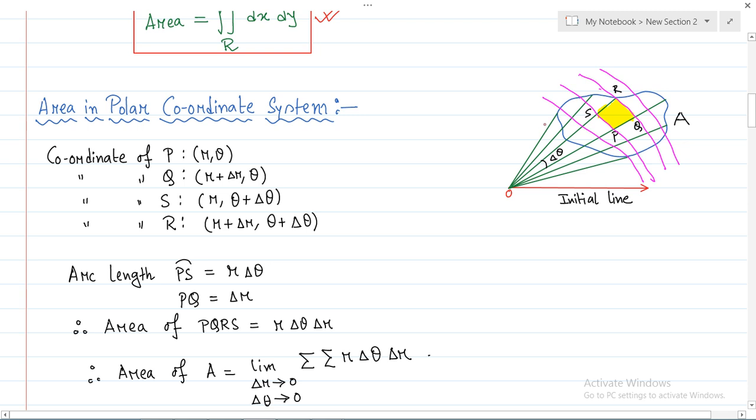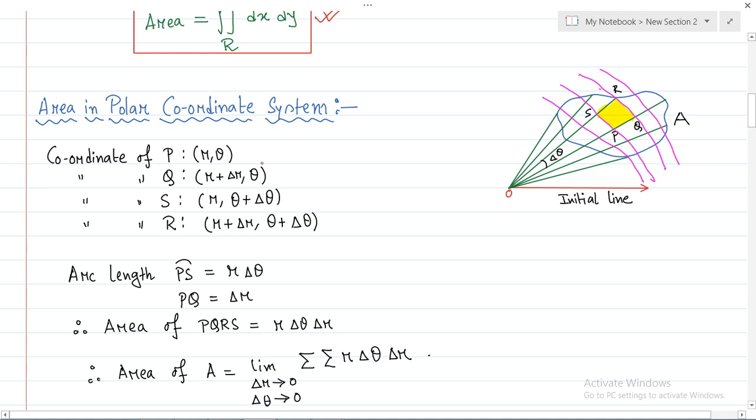Here also we draw some lines starting from O, the green lines, that cover the whole region A, and we also make some arcs, so that we obtain small rectangular shapes as we did in the Cartesian coordinate system.